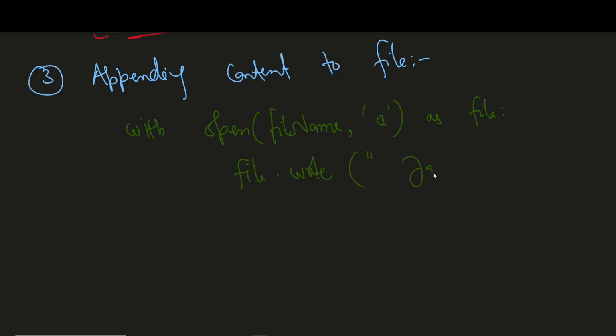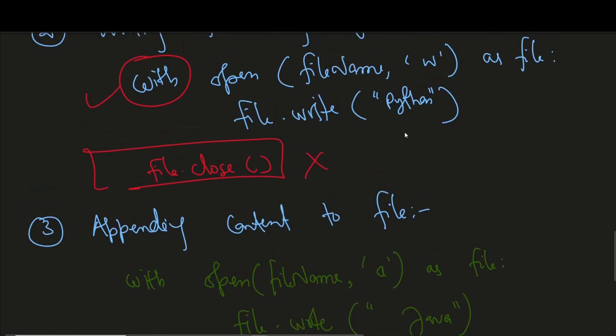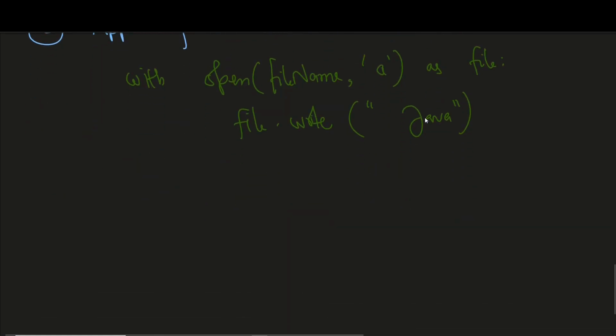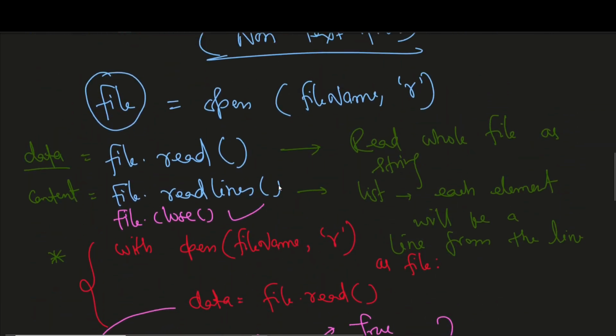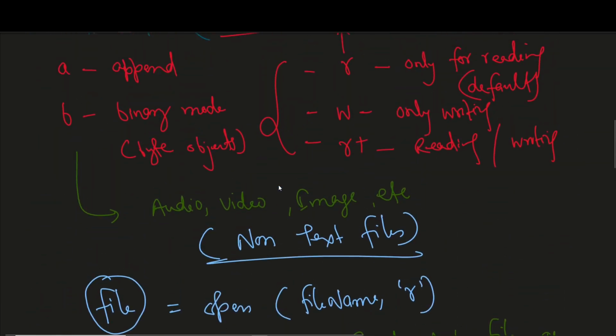And now if you write Java, you have already written Python to the file. Now you're writing Java. So basically after this operation, it will have Python and Java. So you can try all these things. I will surely create a program for these so that we can understand all these things easily.